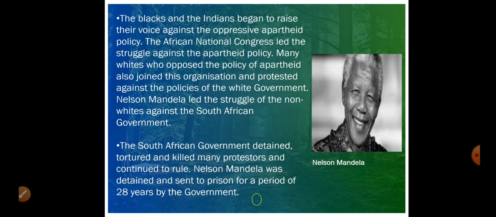Because of all his efforts, the South African government detained, tortured, and killed many protesters and continued to rule. Nelson Mandela was detained and sent to prison for a period of 28 years by the government.